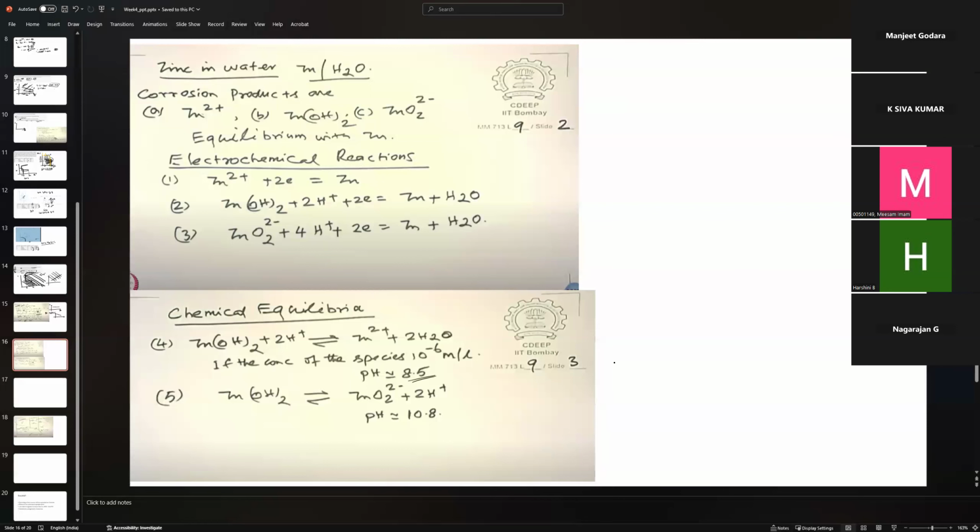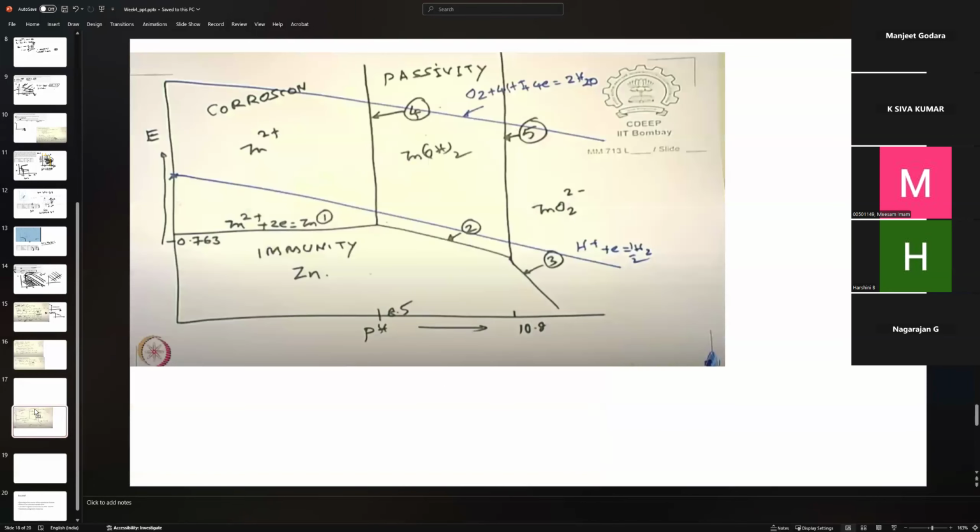At pH above this, the zinc hydroxide oxidation reaction takes place. So that's how we got these values: pH of 8.5, yeah, 10.8.